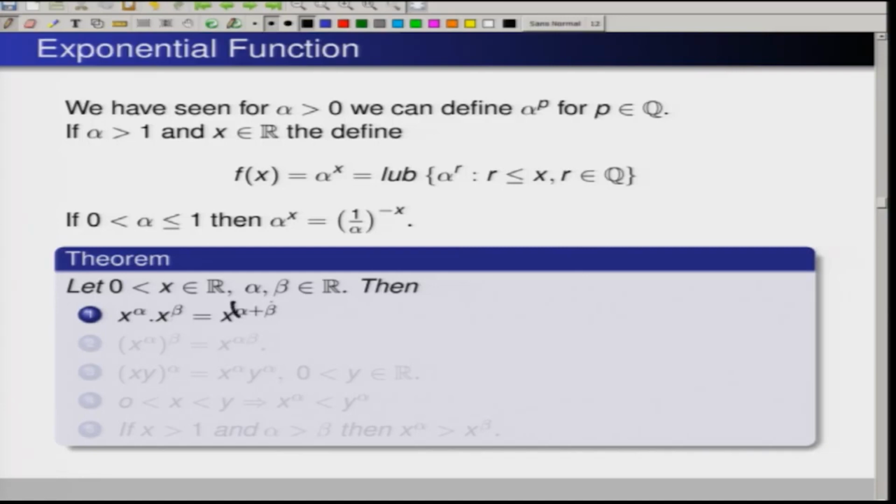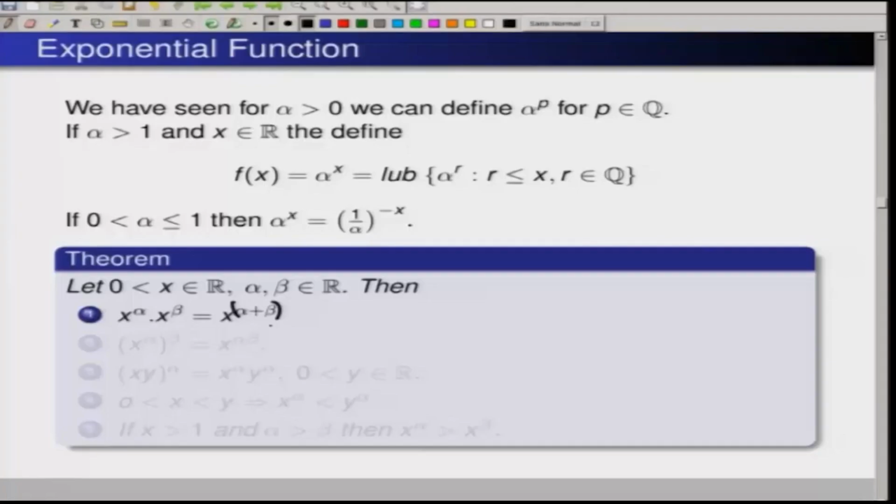You take this alpha plus beta; x is a positive real number and alpha plus beta is a real number, so you define x to the power alpha plus beta. Similarly, x to the power alpha is a real number, x is positive, alpha is any real number. Now, you take the whole to the power beta. What one needs to show is that this is greater than 0, and that this is going to be x to the power alpha into beta.